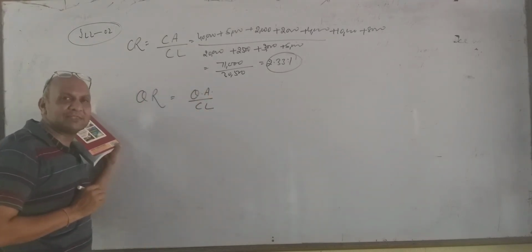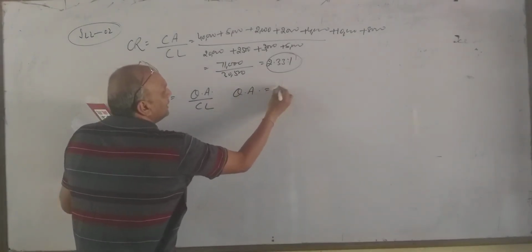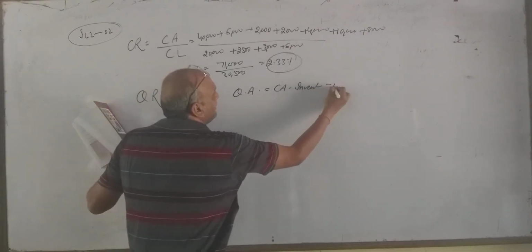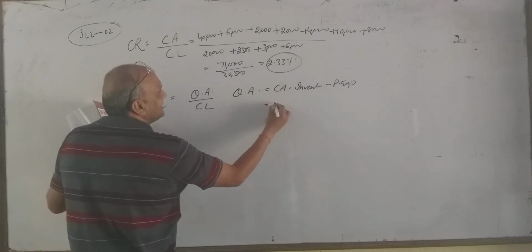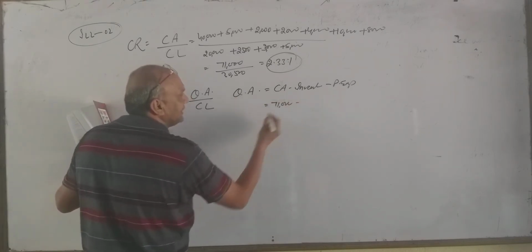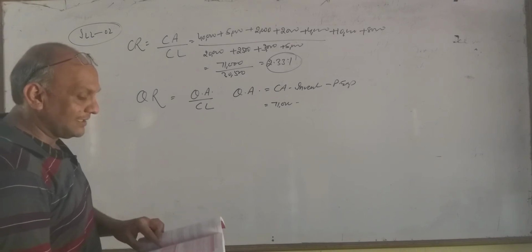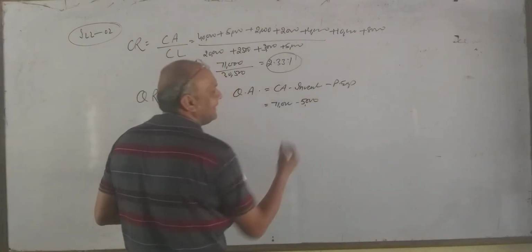In each sum please write the formula. As we know, quick assets is equal to current assets minus inventories and minus prepaid expense. So here current assets are 71,000. Whatever inventory there was, inventory was given as 5,000 rupees. That we will deduct, 5,000 rupees inventory.